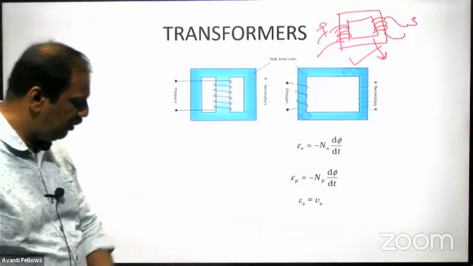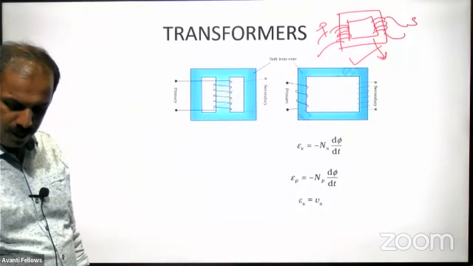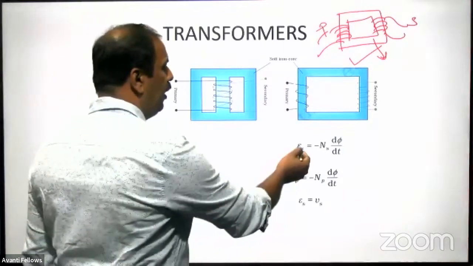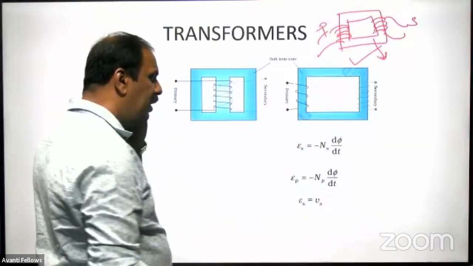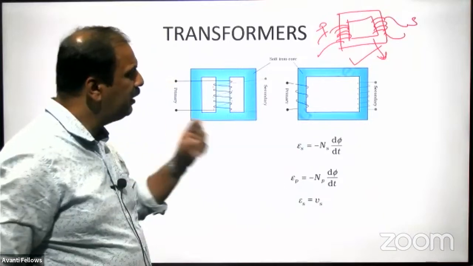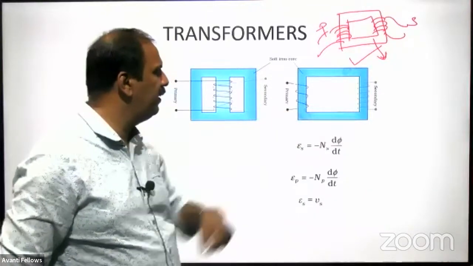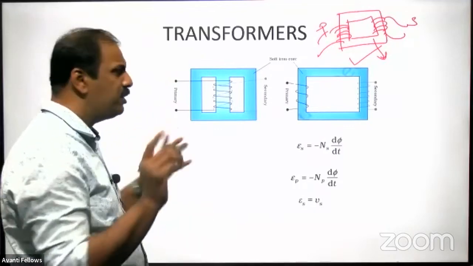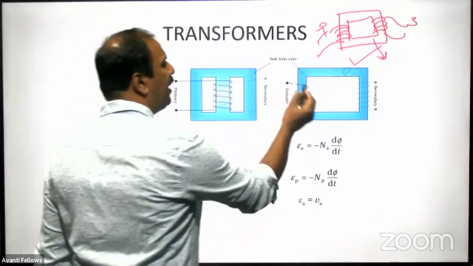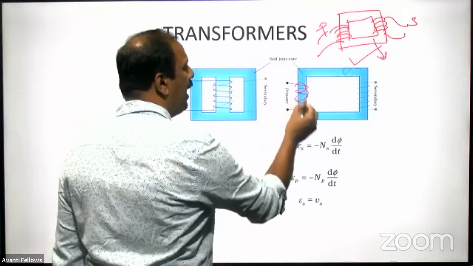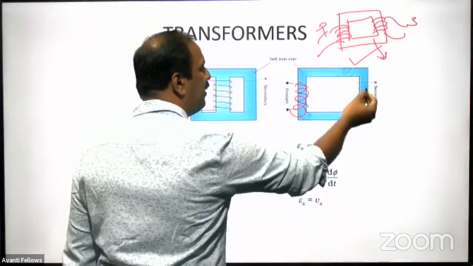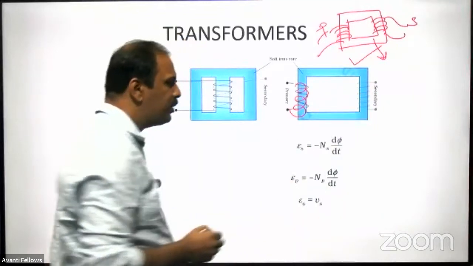Now, see here in this one, we have a primary and secondary. The situation is like this. You have a current passing through the primary, and that produces a flux, and that flux is linked with the secondary, and some EMF is induced there.